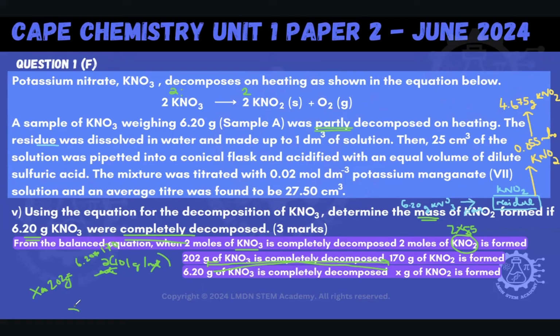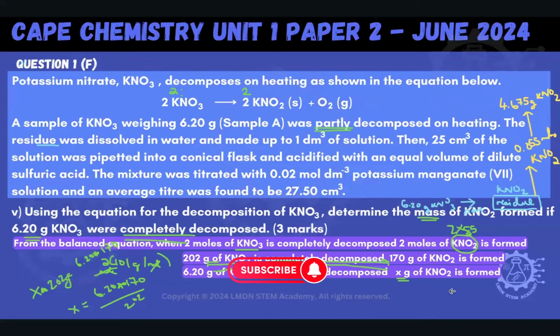That would mean that X is equal to 6.20 times 170 divided by 202. That's how we solve for X. This is cross multiplication, which is what we've been doing all this time.